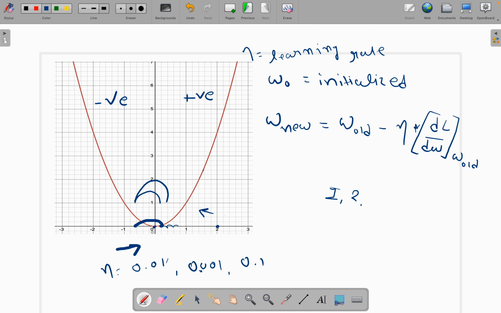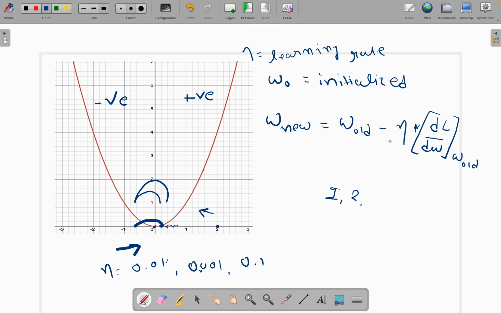So when we have a lesser loss value, we have to use a smaller learning rate, right? That's why sometimes people use an adaptive learning rate, which can be changed according to the iteration we are performing, or according to the loss value. So this basically controls how big a step we take to update our old weights.